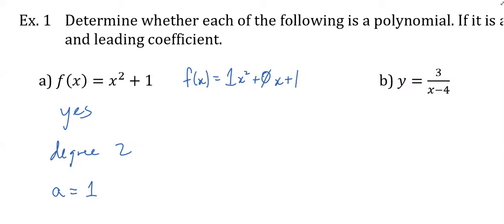Sometimes we see polynomials that don't have every one of the terms, but the biggest exponent dictates the degree, and the coefficient of that term is the leading coefficient of the entire polynomial. Okay, that's the first start of the big idea of what we're doing here.